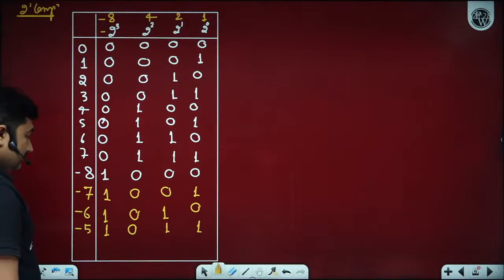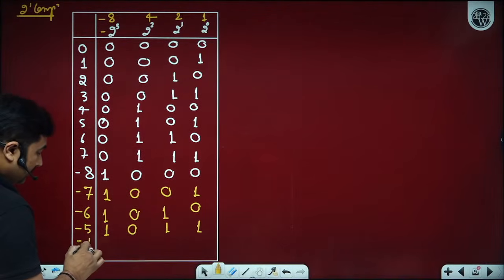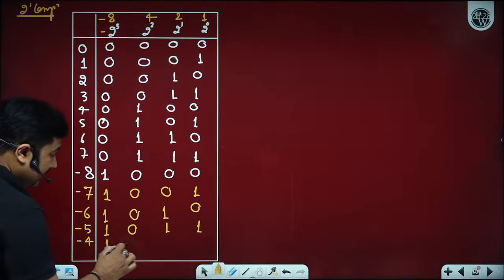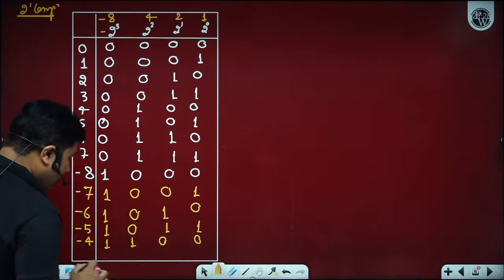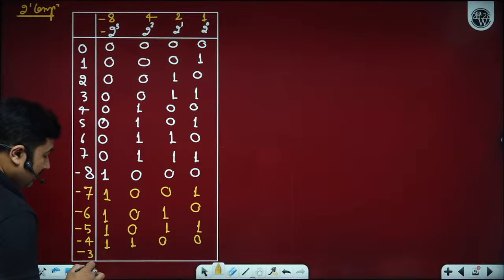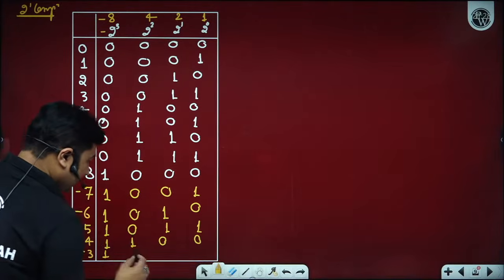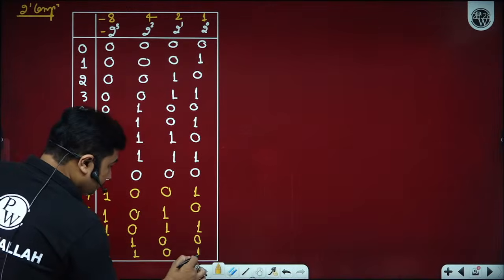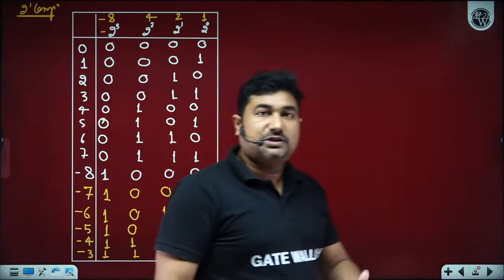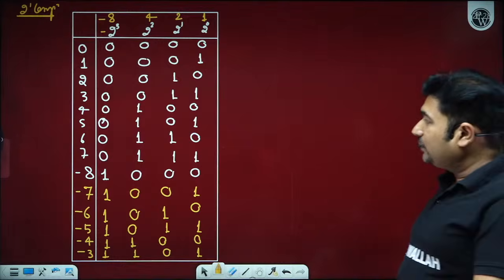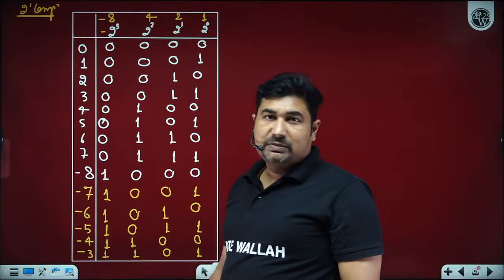How to write minus 4? Minus 8 plus 4. How to write minus 3? Minus 8 plus 5 is minus 3. In the same way, you can write minus 2 and minus 1 as well. How many of you are now able to understand? Please let me know by writing in the comment section.